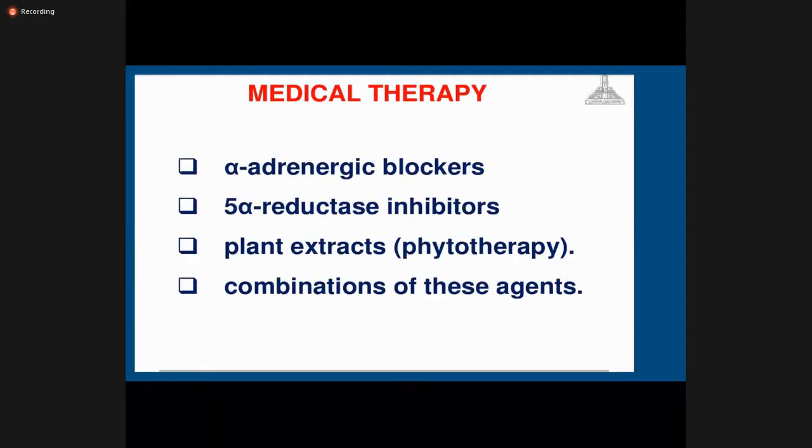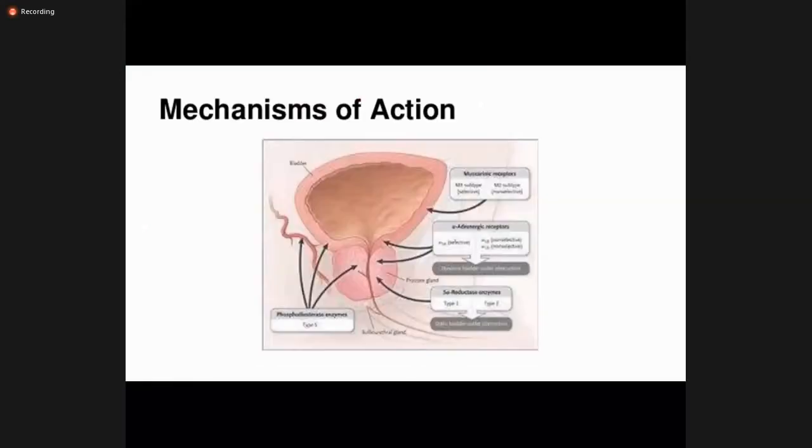So now we'll move on to the medical therapy. Medical therapy always starts with alpha adrenergic blockers or 5-alpha reductase inhibitors or plant extracts or a combination of all of these. What is the mechanism of action of these drugs?